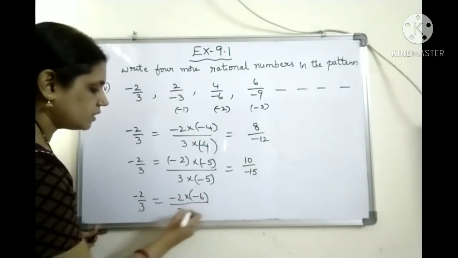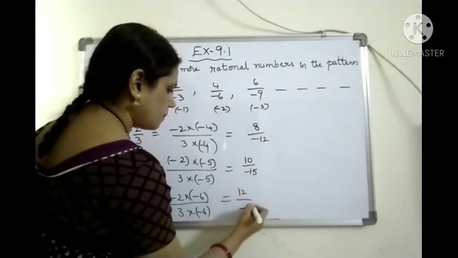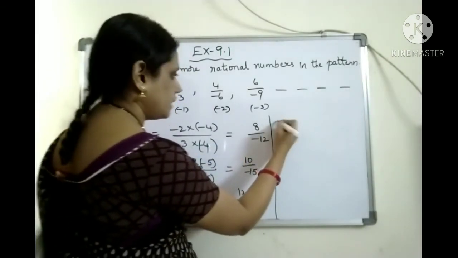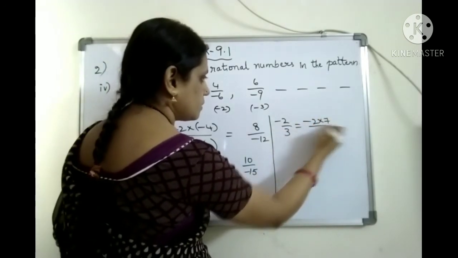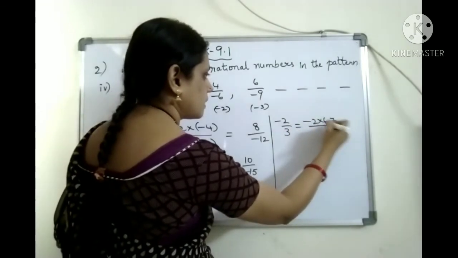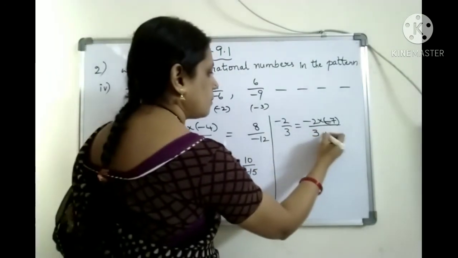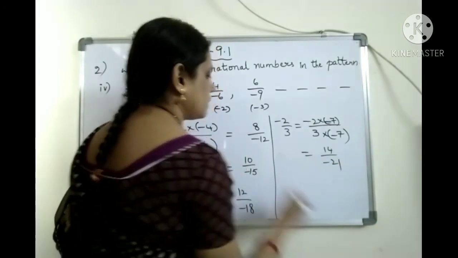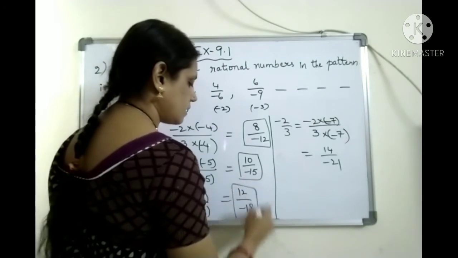You have to multiply with minus 6, numerator and denominator both. 12 by minus 18. Next one I am writing here, minus 2 into minus 7, 3 into minus 7, that is 14 by minus 21. So these are the 4 rational numbers we want in this pattern.